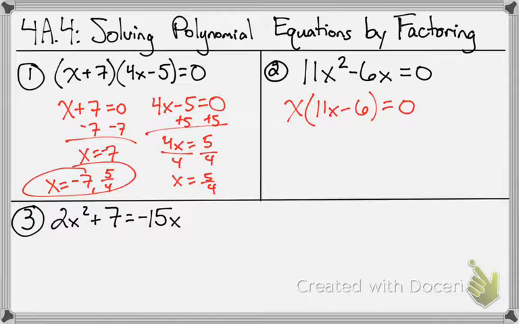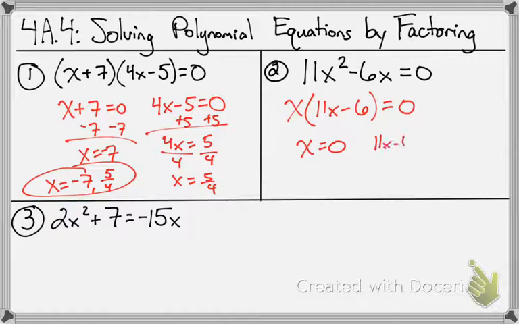Now, we split the problem apart so we can find our solutions for x. The factor out in front, that x we pulled out, that also gets set equal to 0. So sometimes when you have a GCF, like an x, a 2x, a 6x, whatever the case is, that factor out in front should be set equal to 0. Even though it's not in the parentheses, it's still a factor. We set it equal to 0.